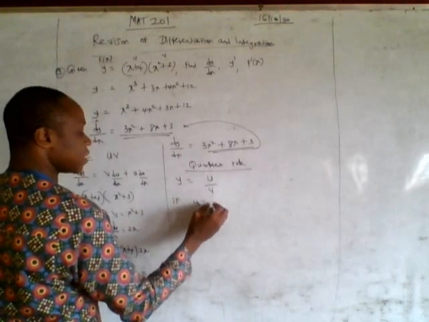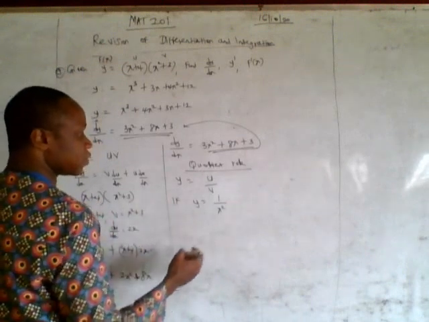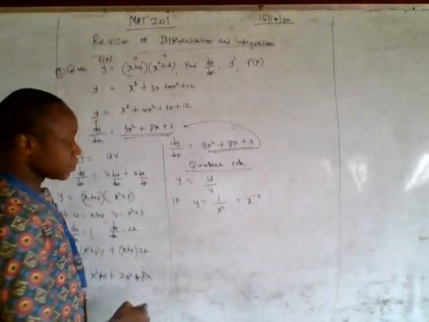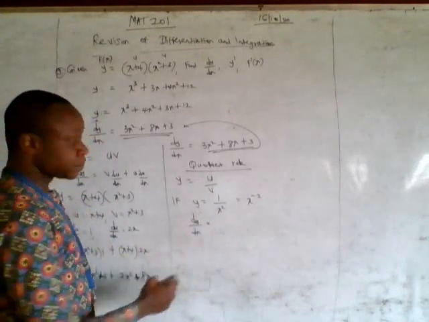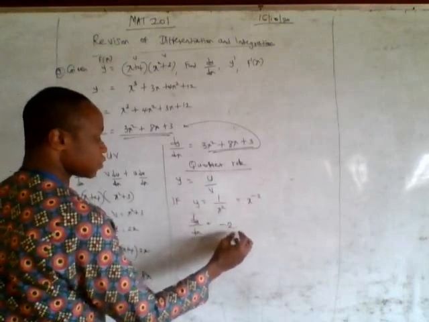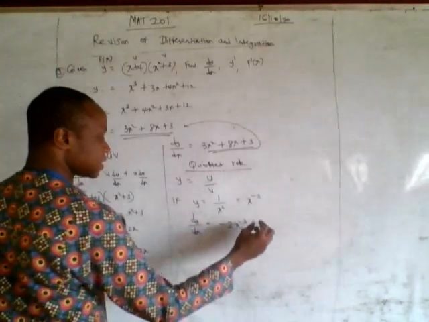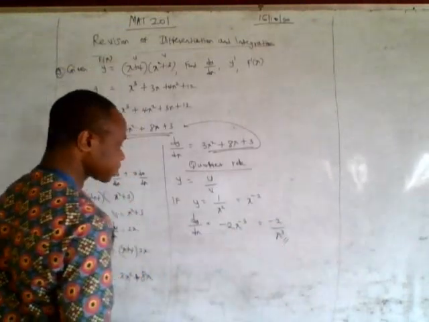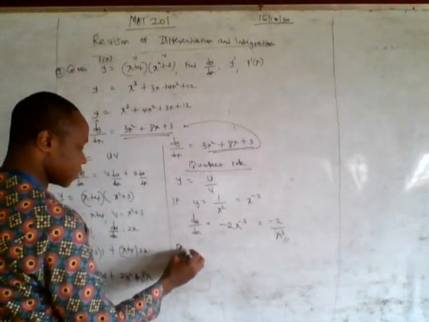If you are asked to differentiate y equal to 1 over x squared, this is the same as x raised to the power minus 2. So dy/dx is minus 2 multiplied by x, and we subtract 1 from the power to have minus 3, giving minus 2 over x cubed as the answer.